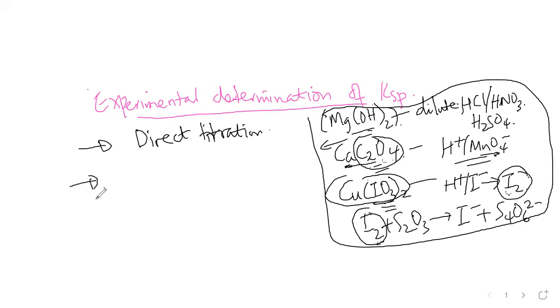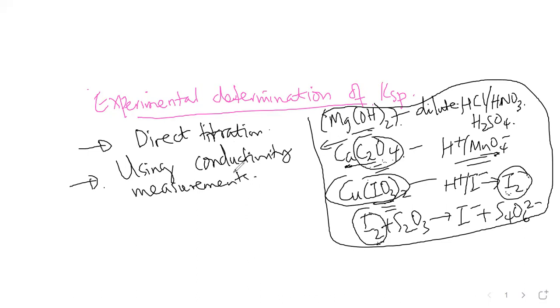The other method we can use to determine solubility product is conductivity measurements. And this is the method that I mostly prefer. Why do I prefer the method of conductivity measurements?